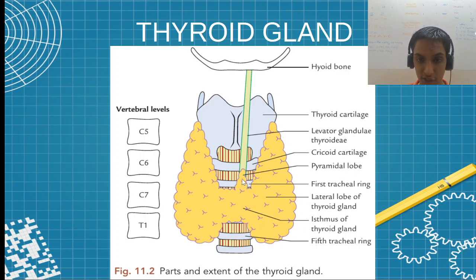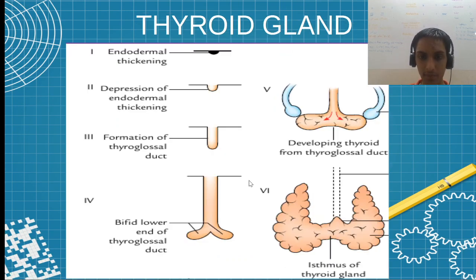There is a very special thing, the pyramidal lobe, which is attached to our levator glandulae thyroideae muscle. This is the hyoid bone. So, brief about the gross anatomy. Important are the lobes, the pyramidal process, the isthmus and the levator glandulae thyroideae muscle. That's important.